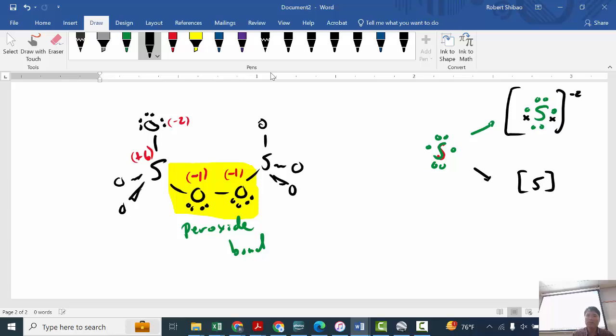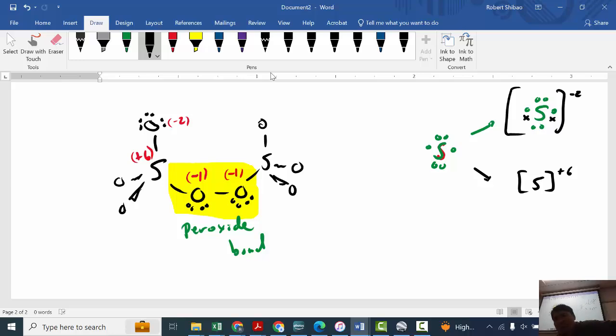If I strip all the electrons off sulfur, then what charge do I end up with? +6. So I get a +6 charge when I strip off all the valence electrons off sulfur. So in order to get a +7 charge, I must have taken off what? I must have taken off not a valence electron, but an inner shell electron.